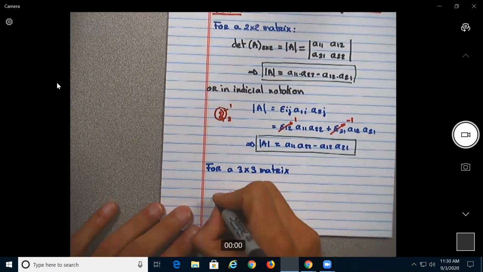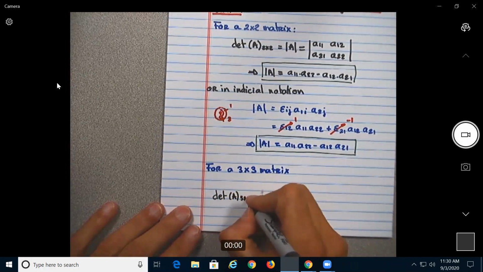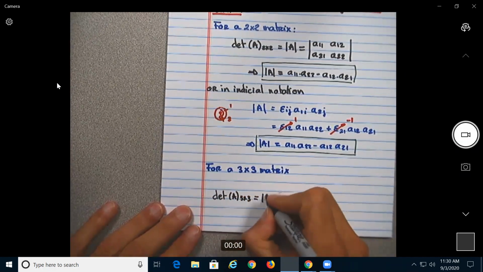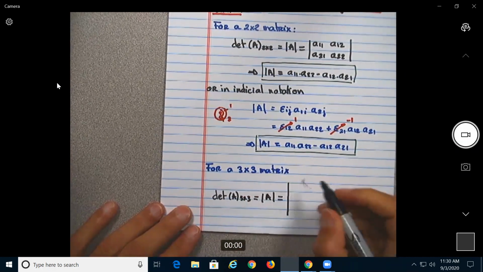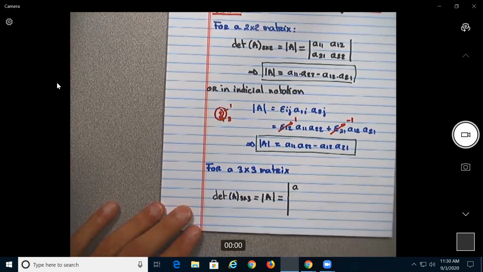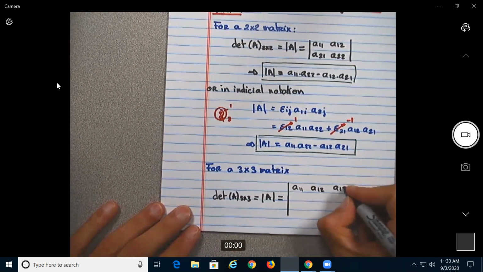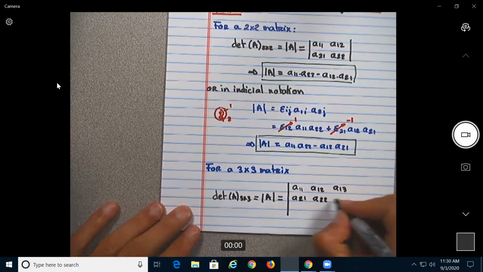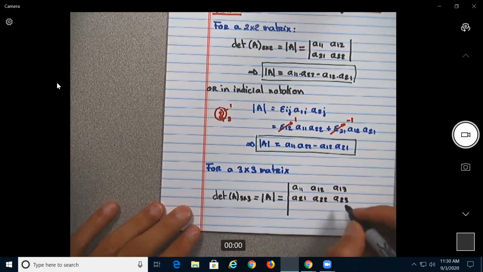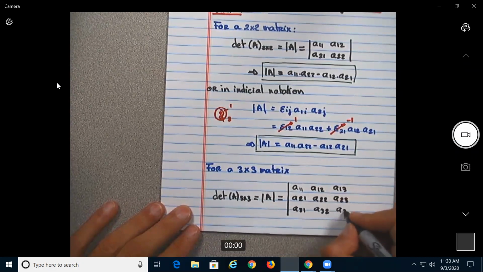So we have the determinant of A, 3 by 3, will be equal to the determinant of A, and this time you will have what? A11, A12, A13, A21, A22, A23, A31, A32, A33.